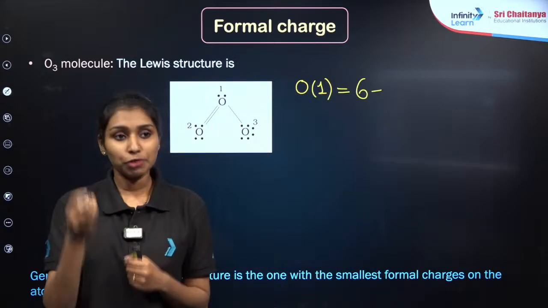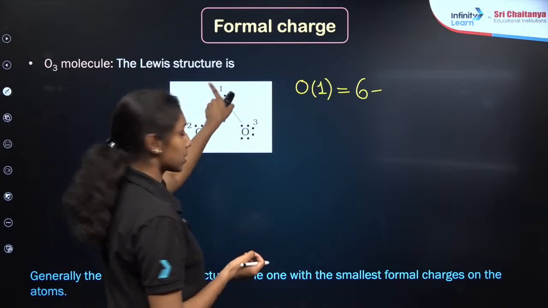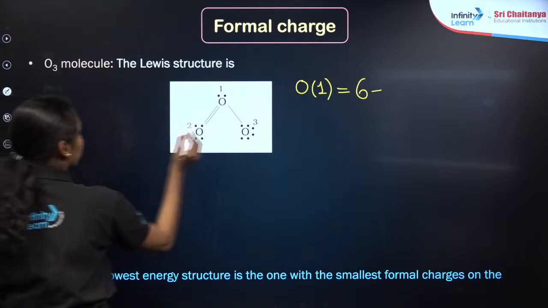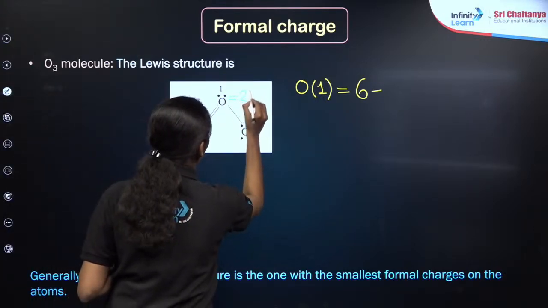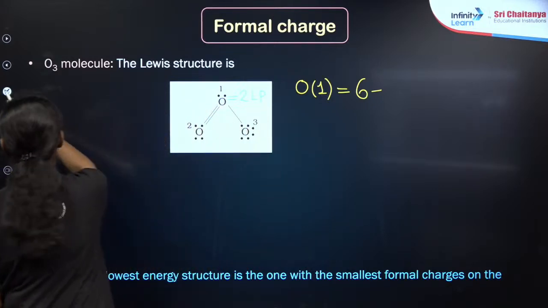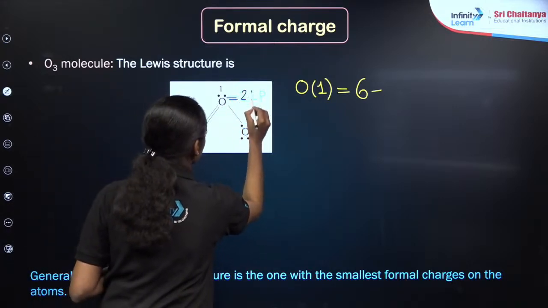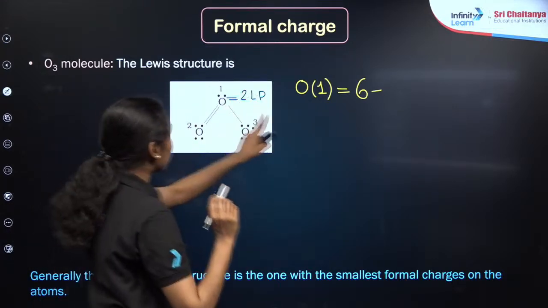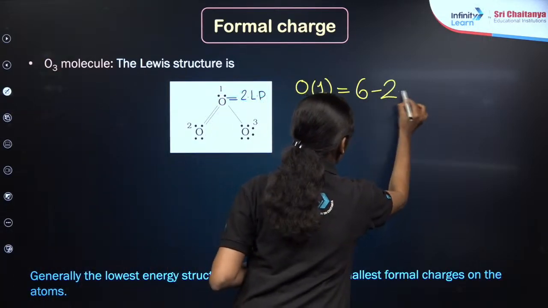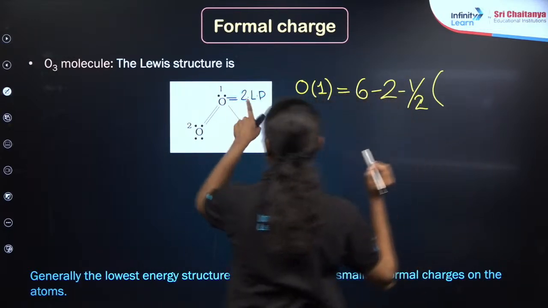Then take the difference with the number of lone pair electrons in this oxygen atom. In the case of this oxygen, there are 2 lone pairs of electrons, right? So I am taking 6 minus 2, then minus half of the total number of bond pair electrons present in the first oxygen.